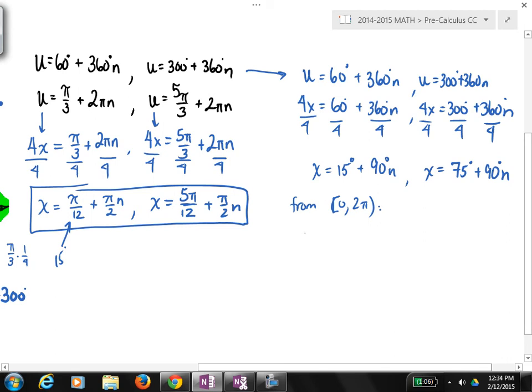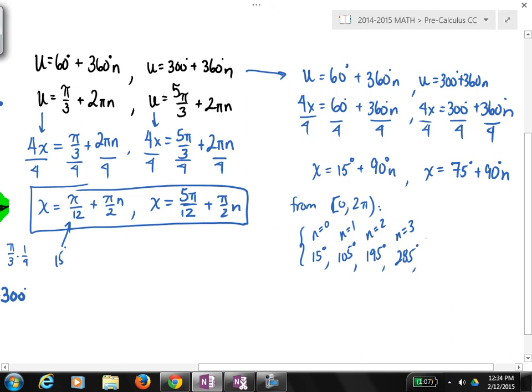So for this, I would have to generate a list. On this one right here, if I let n equal 0, I get 15 degrees. If I let n equal 1, 90 plus 15, I get 105 degrees. And just continue. n equals 2, 180 plus 15 is 195. n equals 3, 90 times 3 is 270, plus 15 is 285.